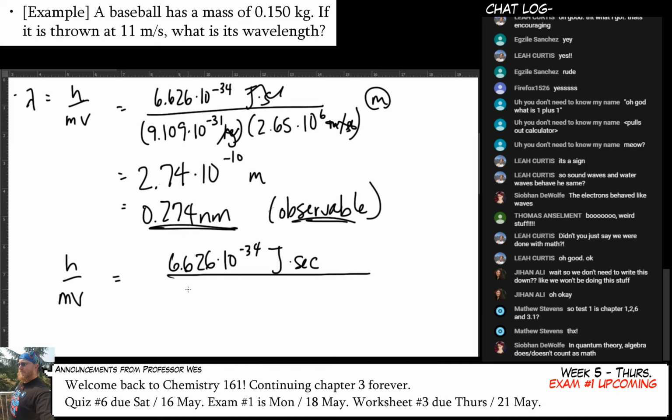That checks out. I believe that. What was my mass? It is 0.150 kilograms. And I'm throwing it at 11 meters per second. And you can right away see 10 to the minus 34 divided by tiny numbers is going to be stupidly small.